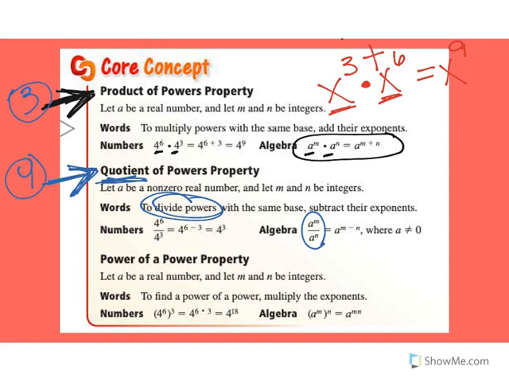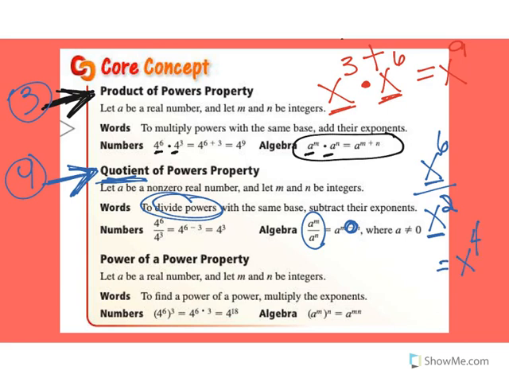So in this case, if we have x to the 6th over x to the 2nd, again same base, they're both x's. That's supposed to be the 2nd, there we go. Then you would subtract the exponents. So 6 minus 2 gives us x to the 4th.